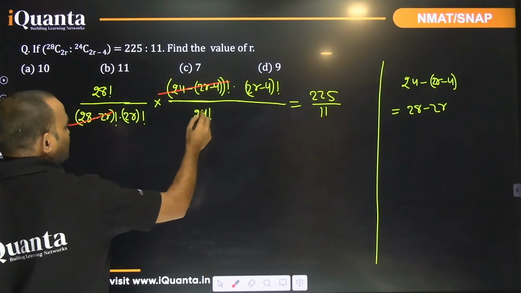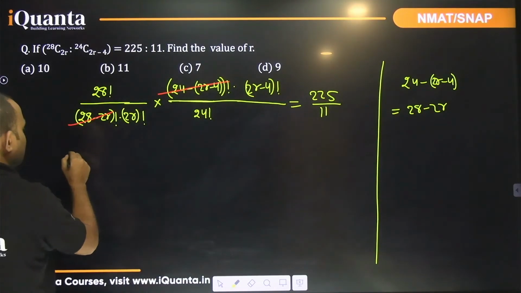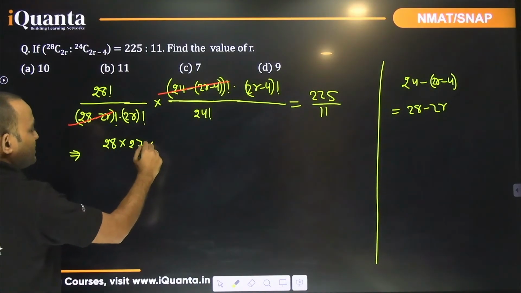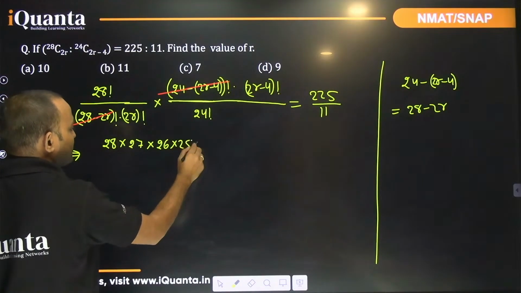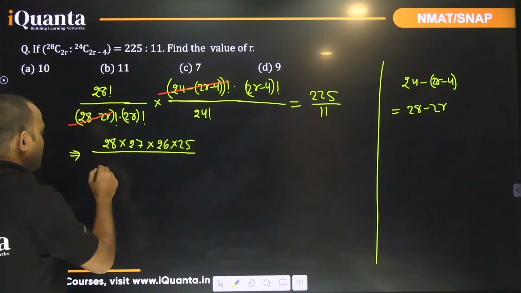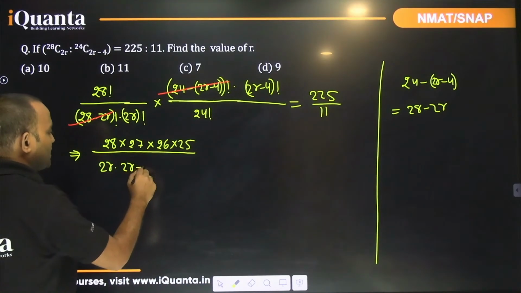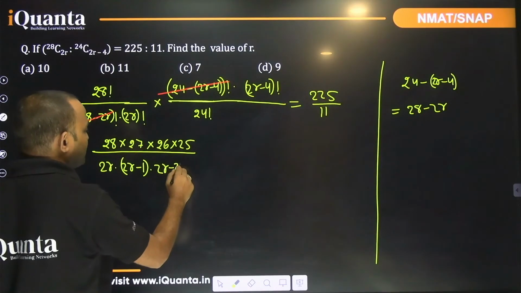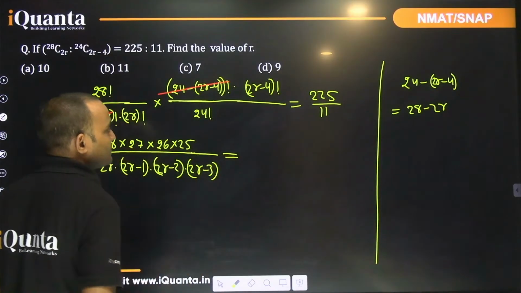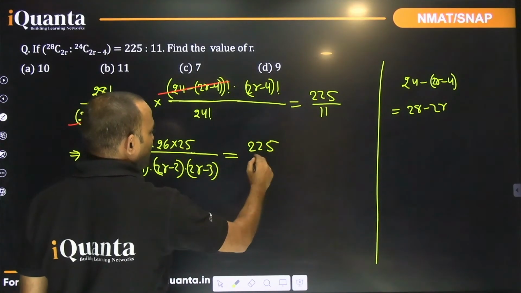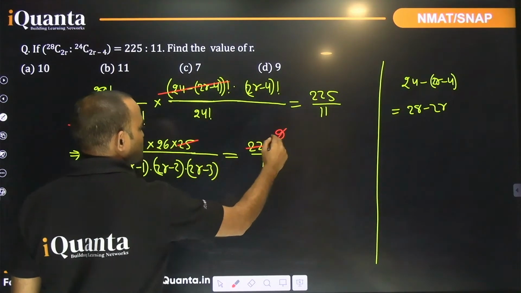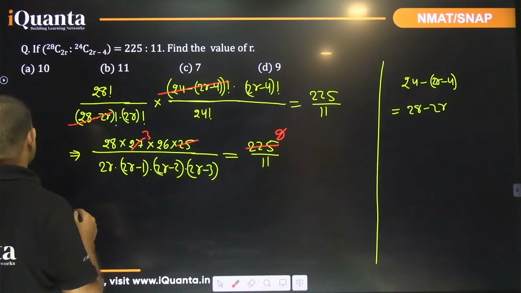Then this 28 factorial upon 24 factorial will give us 28 into 27 into 26 into 25. 2R factorial upon 2R minus 4 factorial will be 2R into 2R minus 1, 2R minus 2 into 2R minus 3, right? This will be equal to 225 upon 11. 25 into 9 is 225. 9 into 3 is 27.